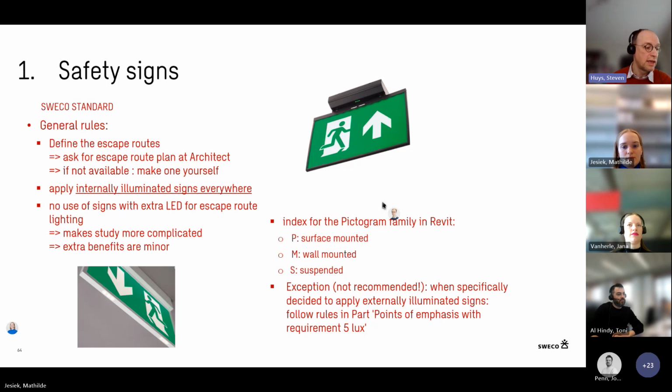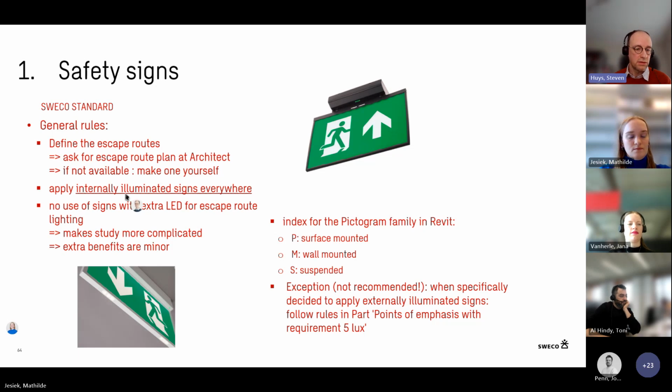If it's more, then you should have two escape routes, and then it's just a matter of placing the safety signs in the escape route to the escape doors. It's not very difficult, and also take into account the viewing distances of the safety signs, but we will talk about it later in the examples.